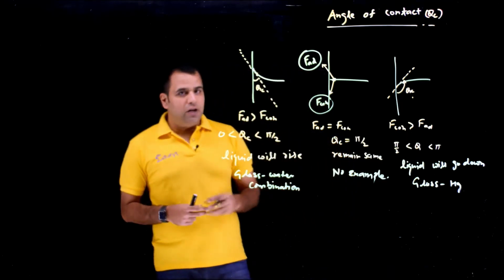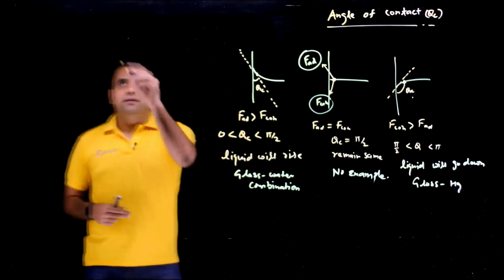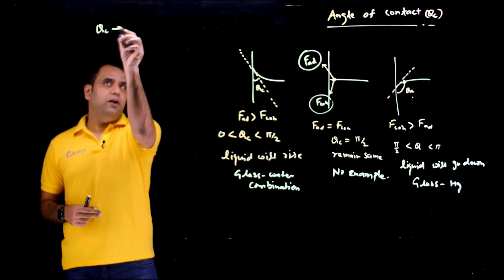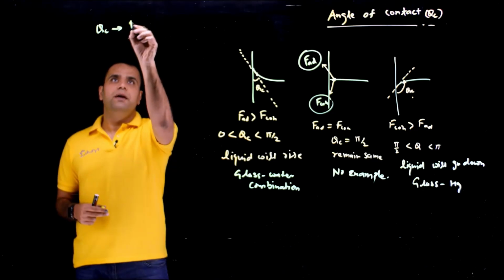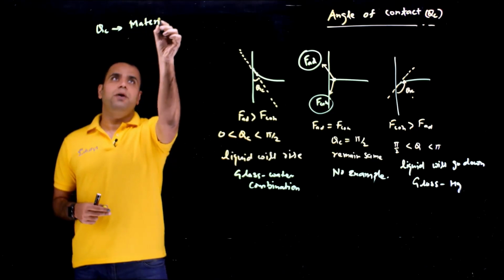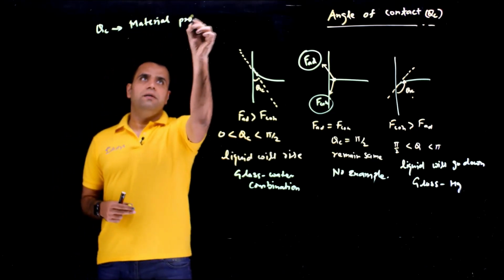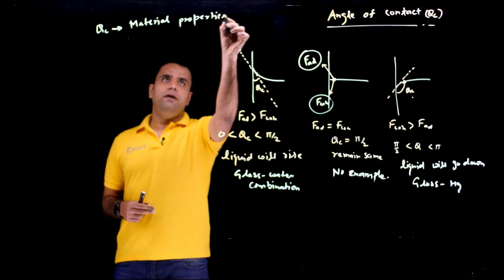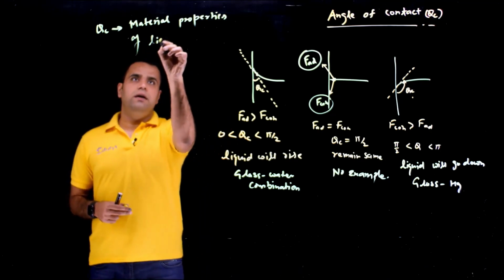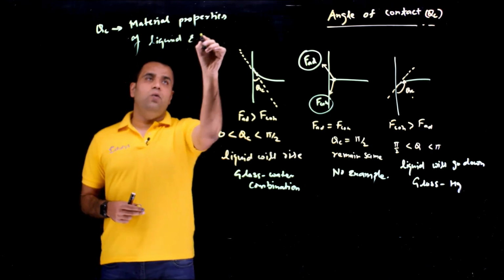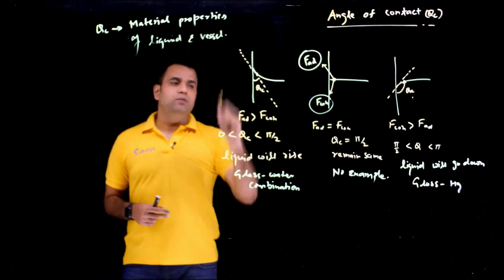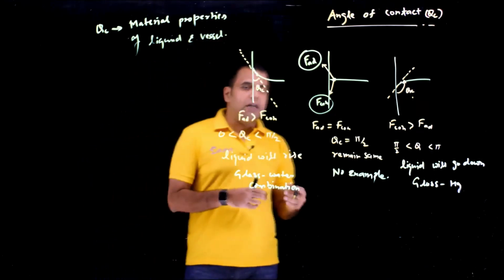So this theta c, the angle of contact, is like a constant. The value of theta c depends upon the material properties or internal properties of the liquid and vessel. Basically it depends on what kind of vessel and what kind of liquid you are using.